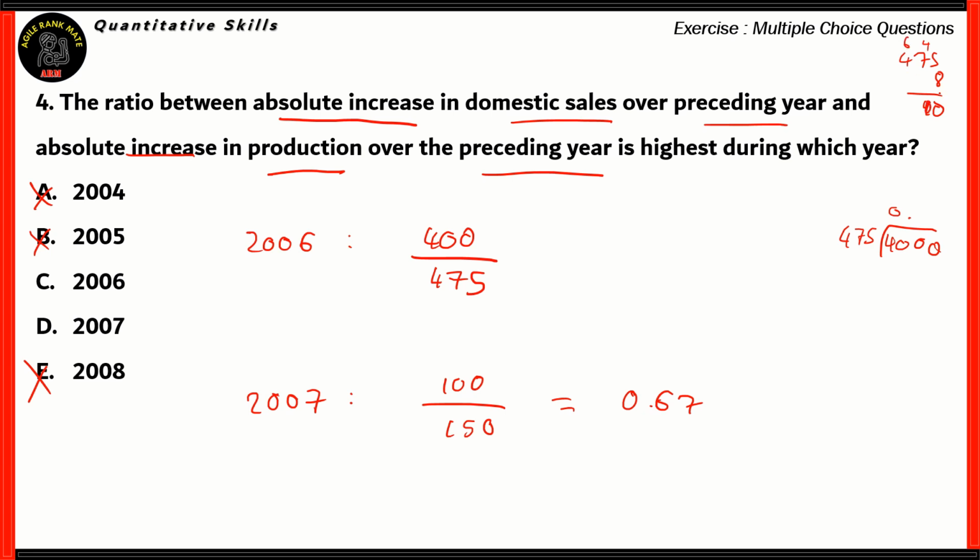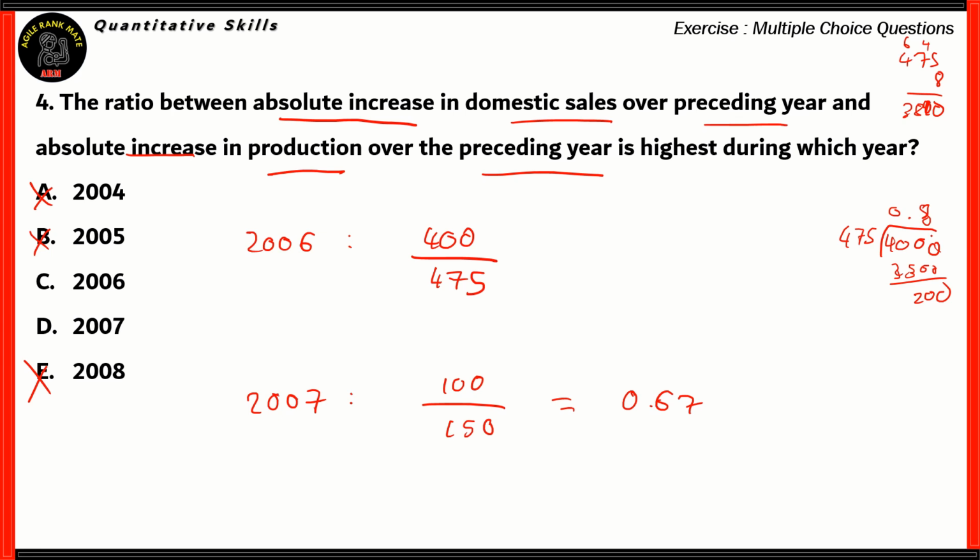And then 4 8s are 32, plus 6 is 38. So 3,800. So you get a 200. And so basically we got a value of 0.8.